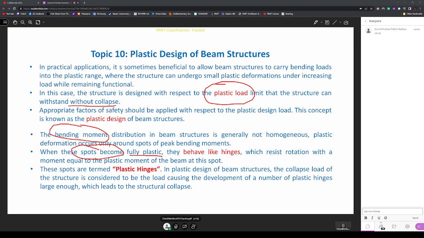Okay, so the points where the structure reaches fully plastic behave like hinges. So we call the hinges the points where the plastic moment is full. That means it reaches the fully plastic state. So the plastic moment is at the highest point.